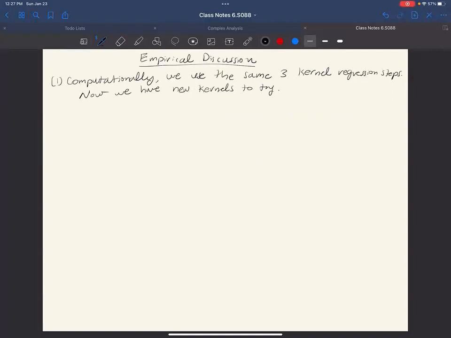So that's great. Now we can ask, how does training finite width neural nets compare to NTK? In fact, it's not always the case that NTK is better than finite width neural networks.